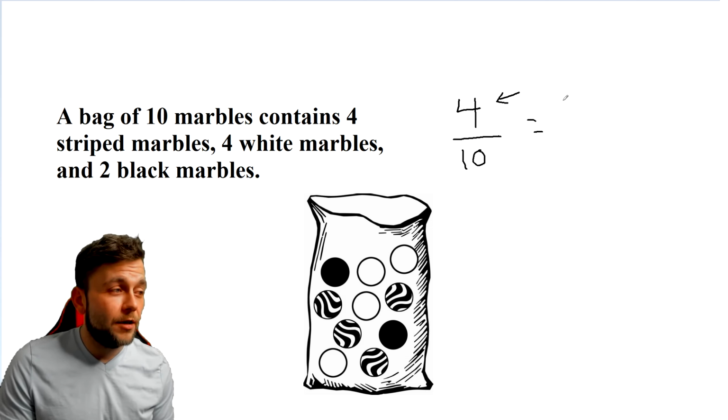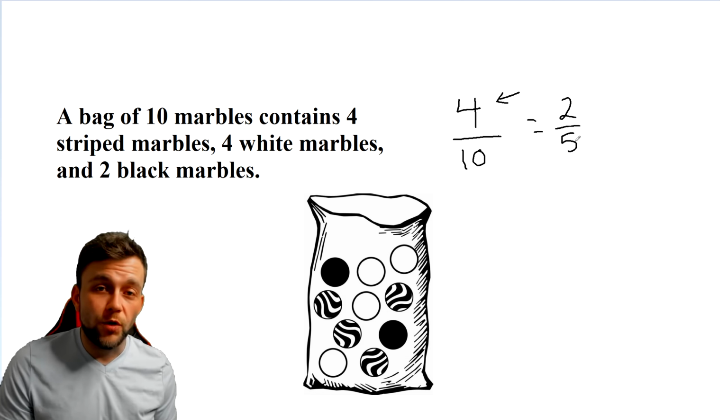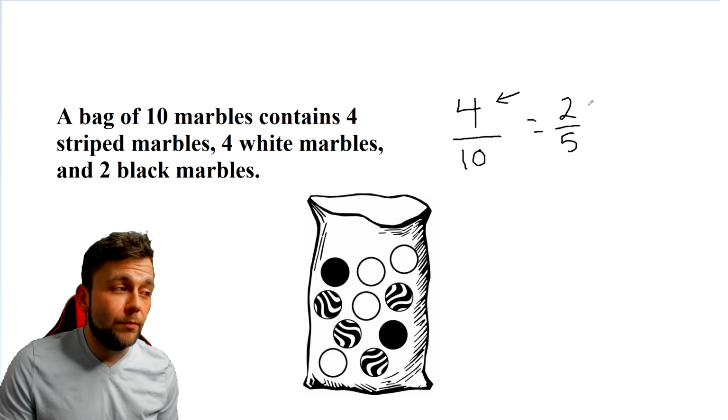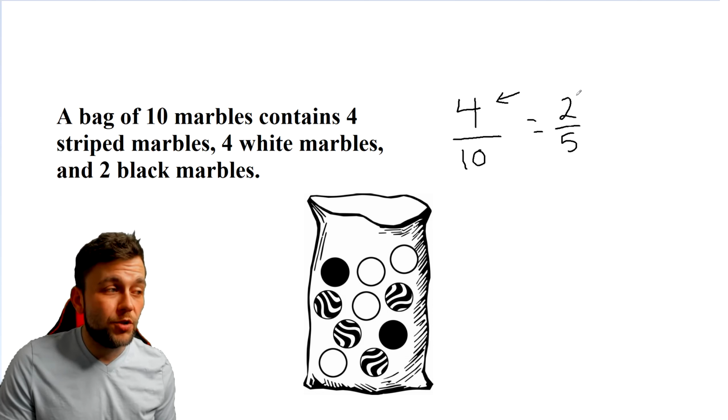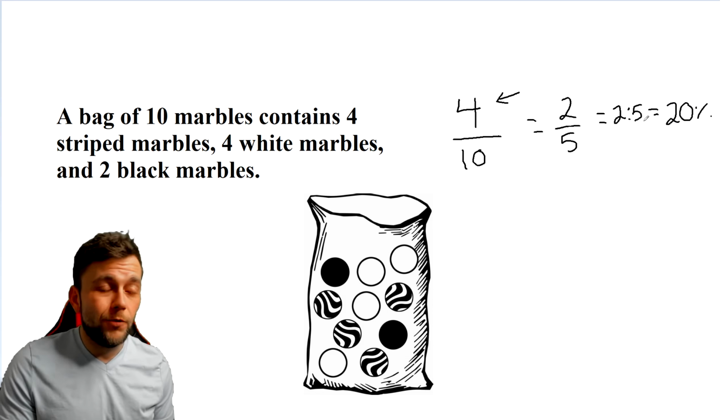So my end fraction is 2 over 5. So the probability of me pulling a white marble is 2 out of 5. Or we can write it as a ratio, like this. And we can also write it as a percentage, 40%. Okay, so not too bad.